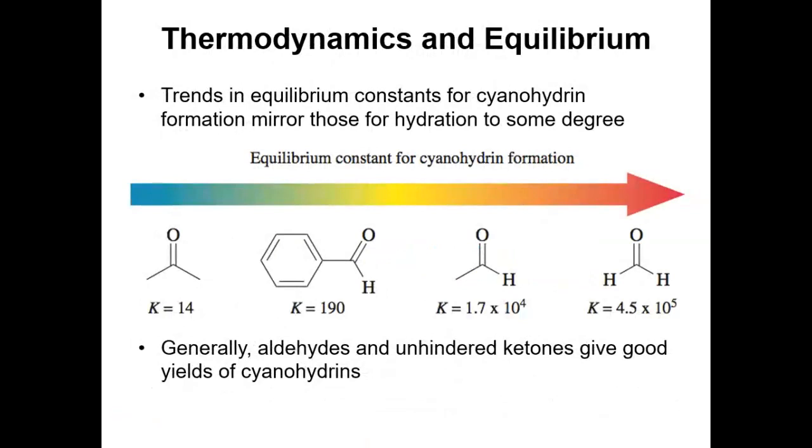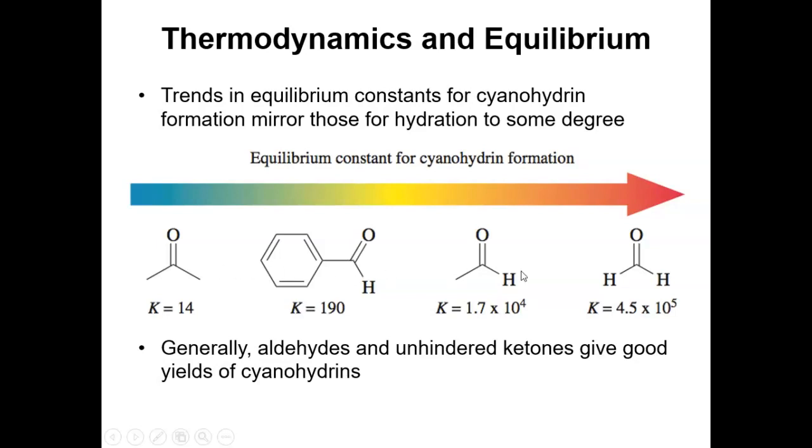Now, if you look at the equilibrium constant of cyanohydrin formation, the trend is exactly the same as the hydration. Formaldehyde has a greater equilibrium constant than regular aldehyde, and regular aldehyde has a greater equilibrium constant than the ketones.